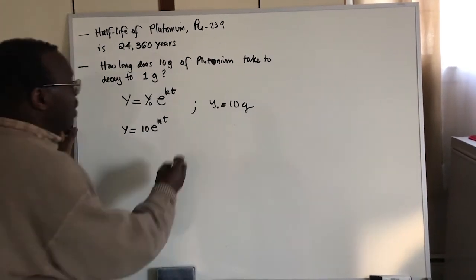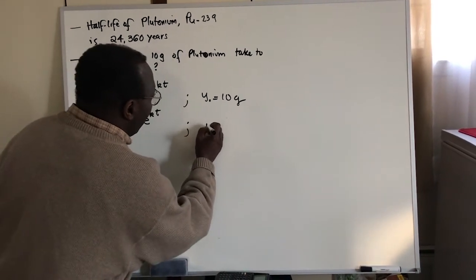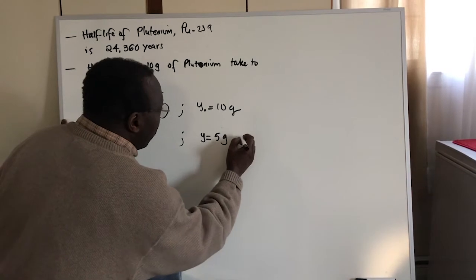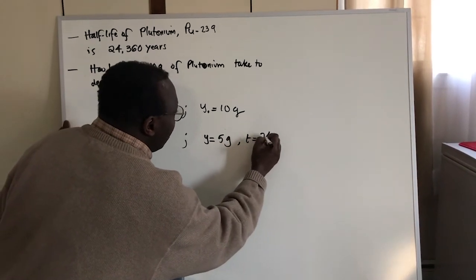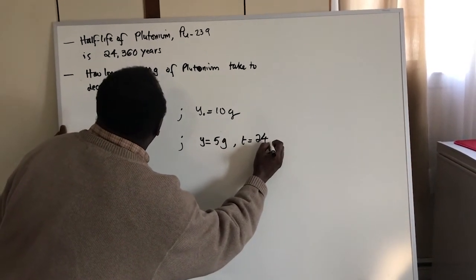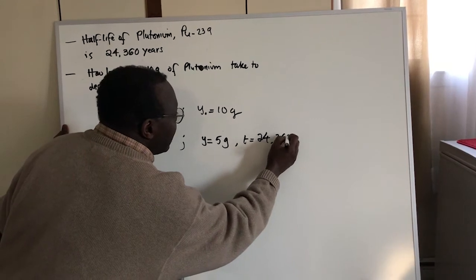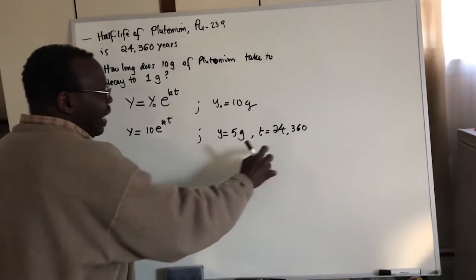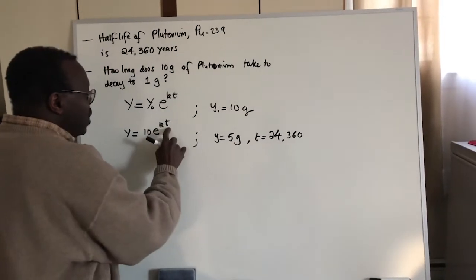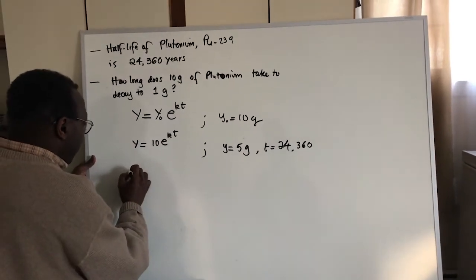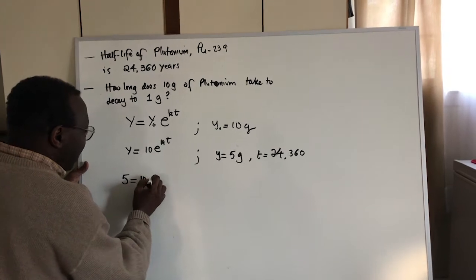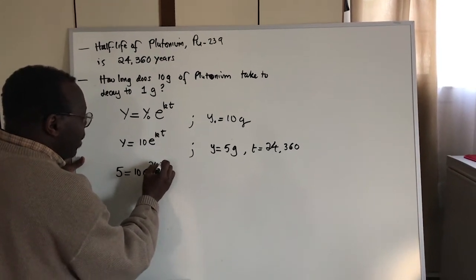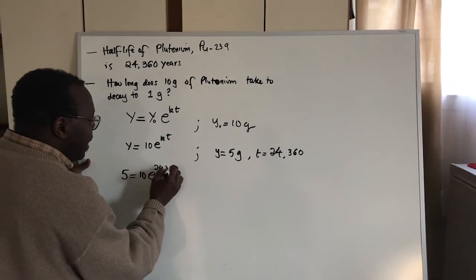So y is 5 grams when t is 24,360 years. This is what you substitute for y, and this is what you substitute for t. And now here we go: 5 is 10 e^(24,360k).